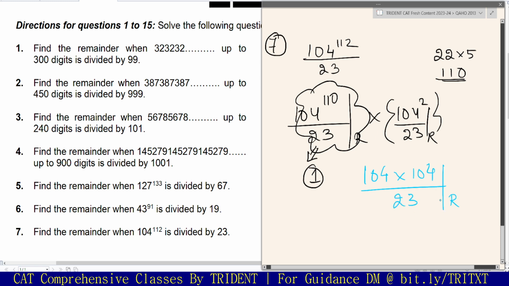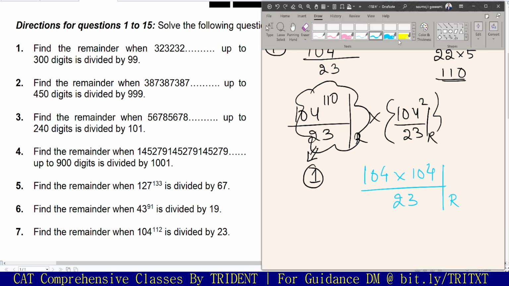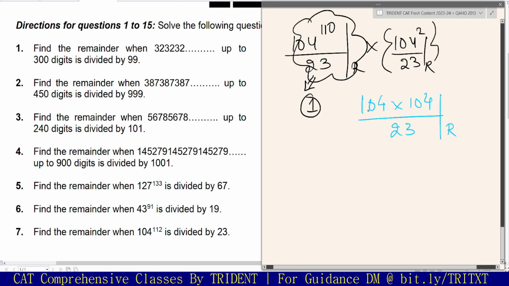I can do the multiplication, but I'm just trying to think of a better method, if at all one exists. 23 into 4 is 92, because 5 would be 115, which is more, so 4 times I can go. So 104 minus 92 is 12, and 12 into 12, wow, so this is exactly what I was looking at.